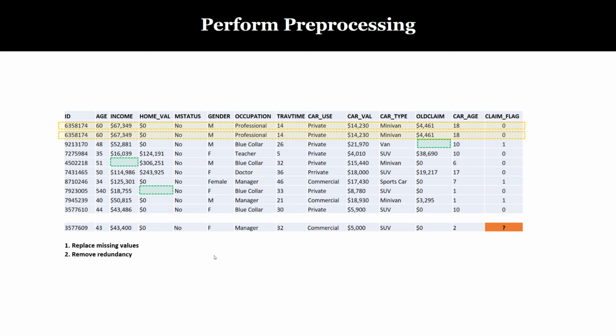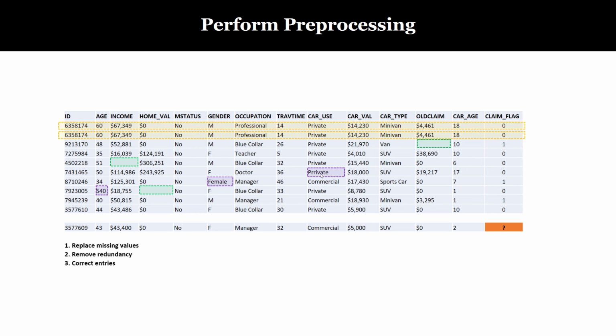All right, what else? How about some entries which are not correct or do not make any sense? For example, if you look here, the car use, usually we have it as commercial or private. But here, private is spelled wrongly.